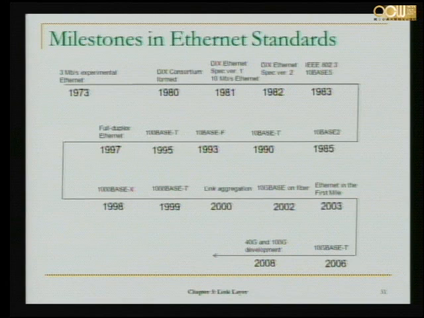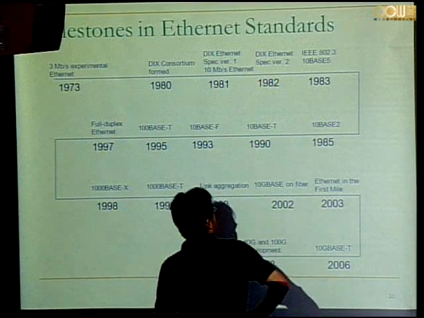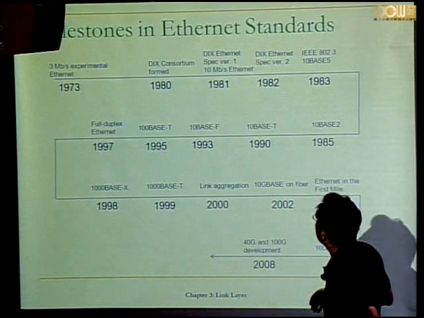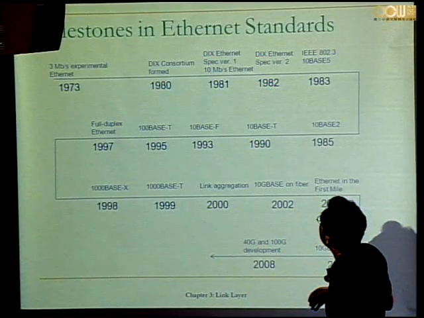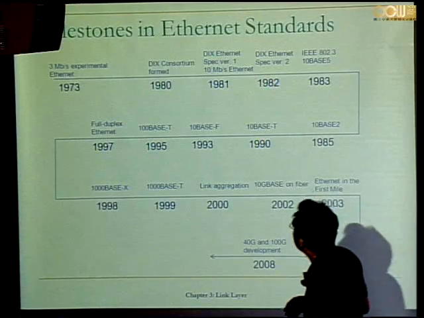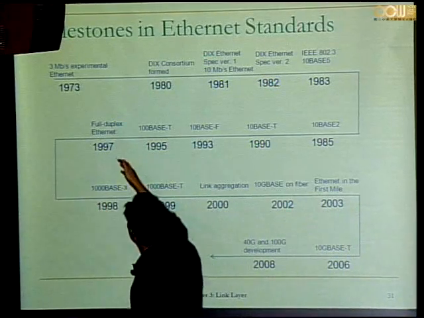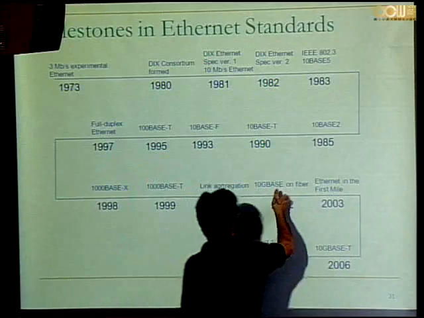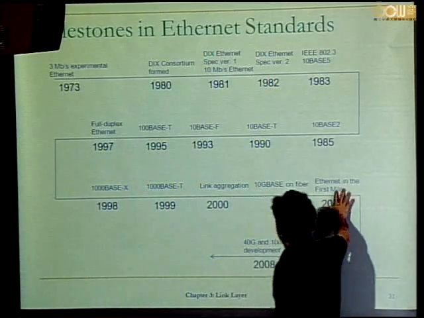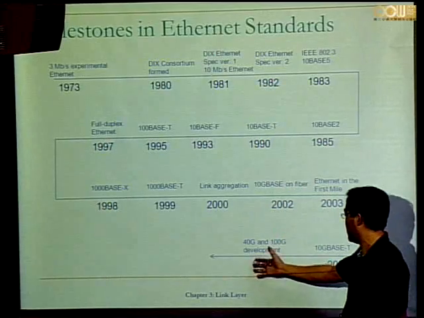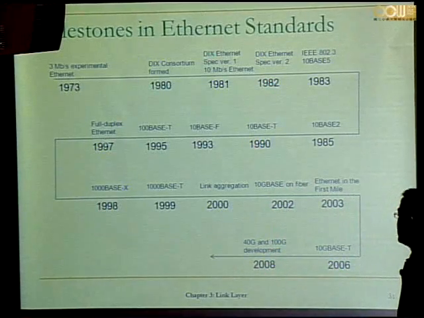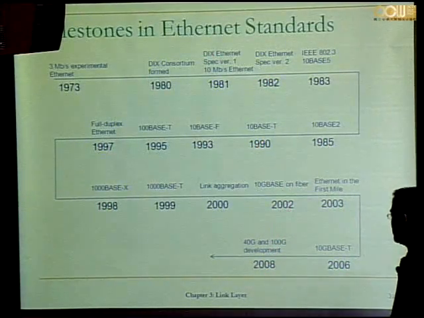Then it starts to shift to gigabit. So you will see gigabit here, and then 10 gigabit, and also first mile. And then 3 years ago, they started to talk about 40 and 100 gig.